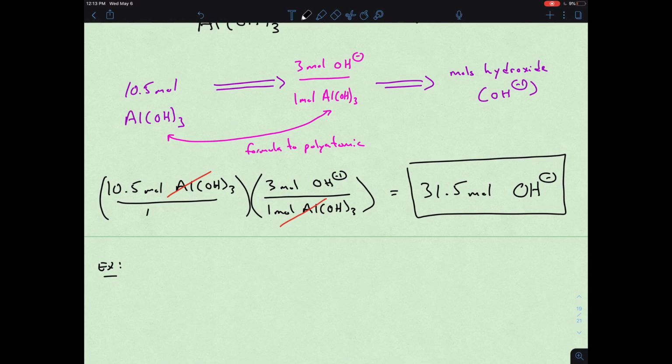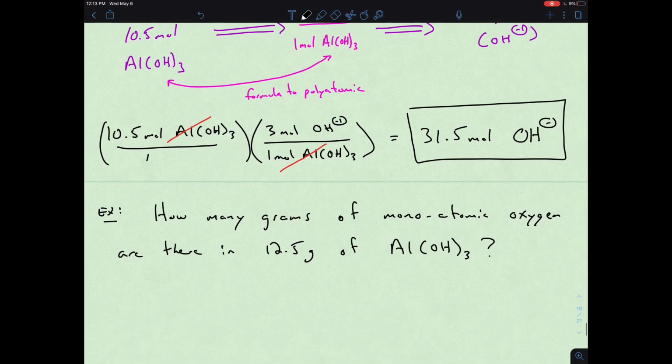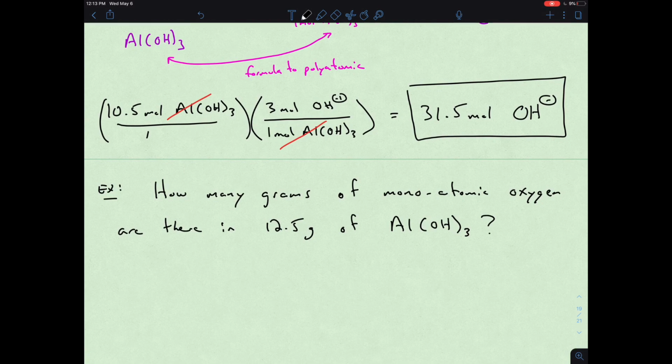How many grams of oxygen, or monoatomic oxygen, are there in 12.5 grams of aluminum hydroxide? So more to the chase here as far as the question.